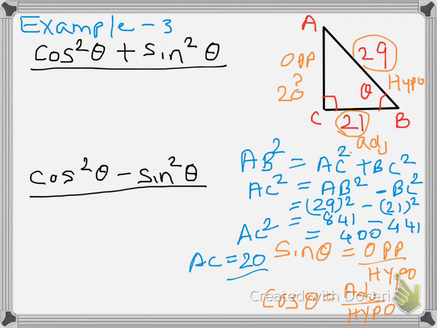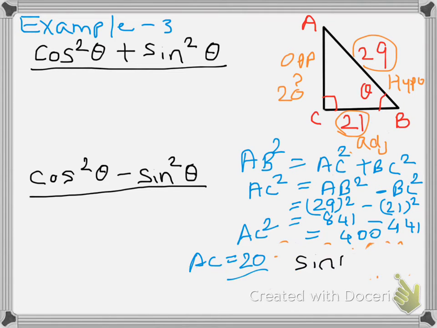So what is sine theta? Sine theta is opposite, okay, let's erase some of this here. So sine theta is opposite over hypotenuse, so sine theta is 20 over 29, and cos theta is adjacent over hypotenuse, so it's 21 over 29.